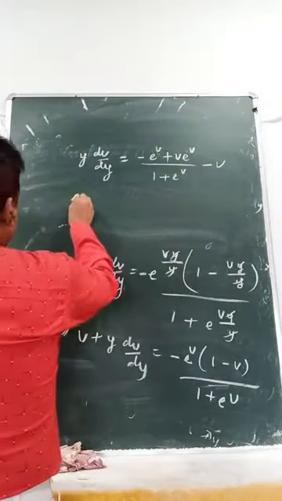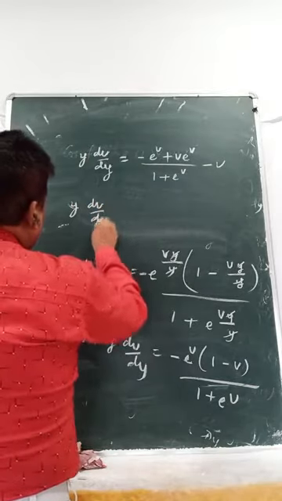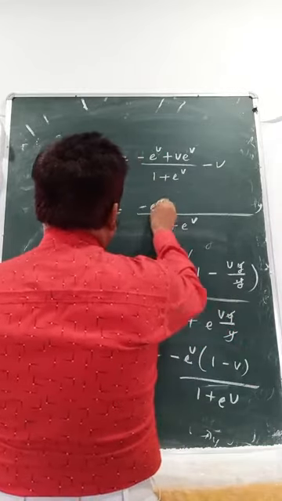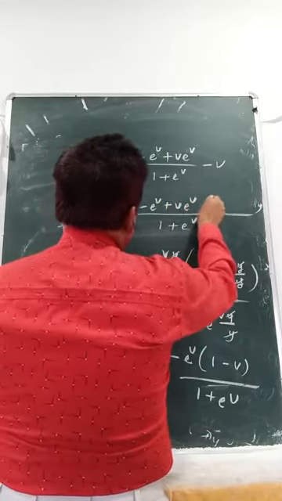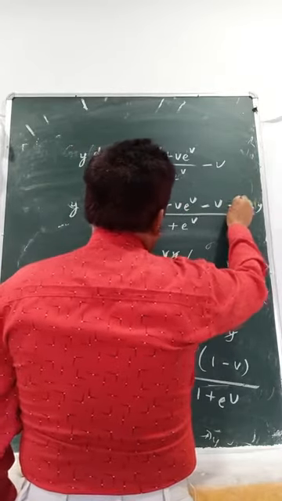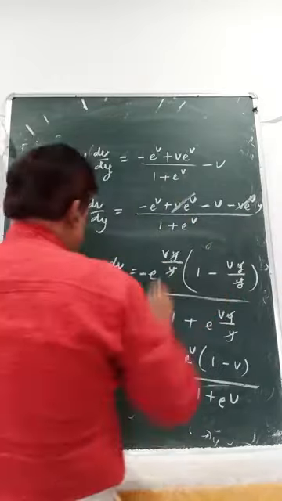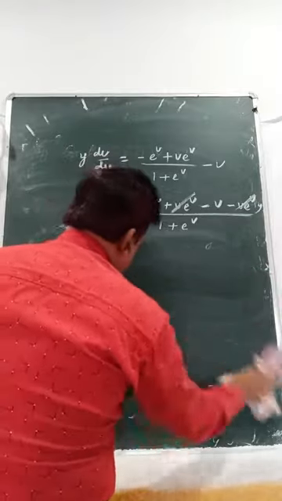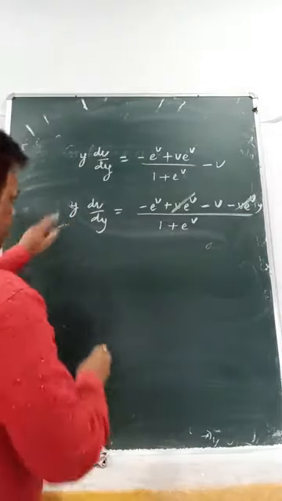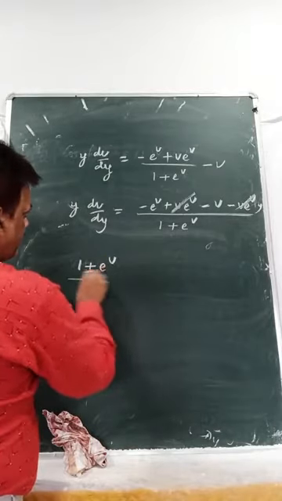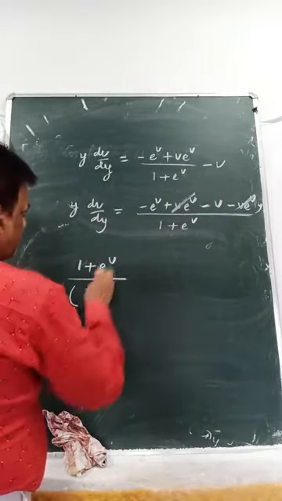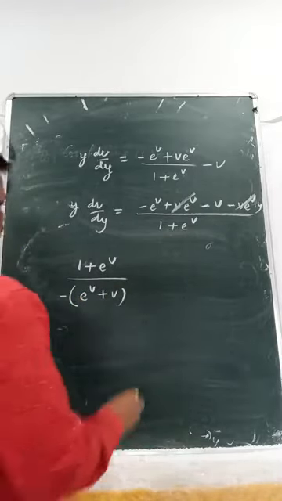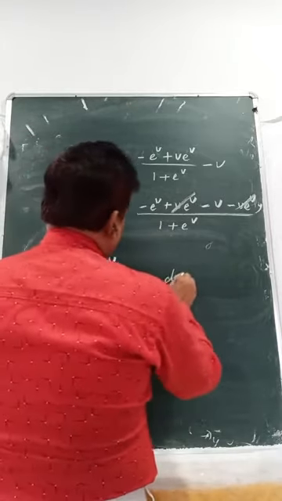So you are getting y dv by dy equals to 1 plus e to the power v, minus v e to the power v. This gets cancelled. Okay. So now look. Separation. This will come this side. 1 plus e to the power v by minus common e to the power v plus v equals dy by y.